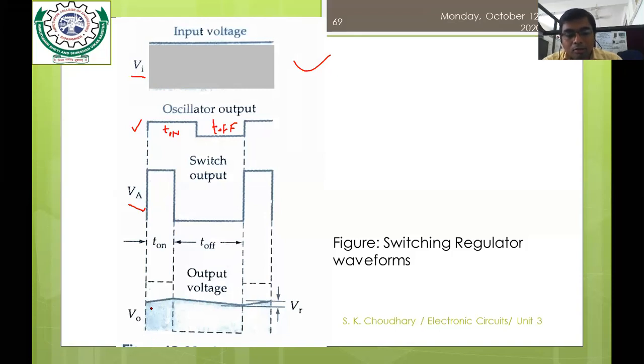When your switch output is on, the inductor current linearly increases, and because of this your output voltage is not perfectly DC, but a little bit rippled, and it would be increasing from its base level or reference level.